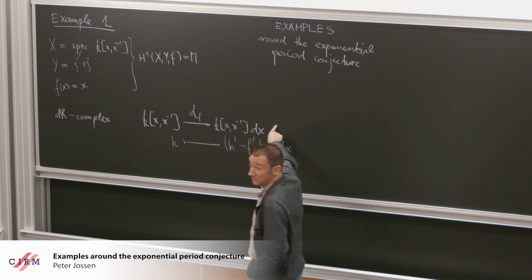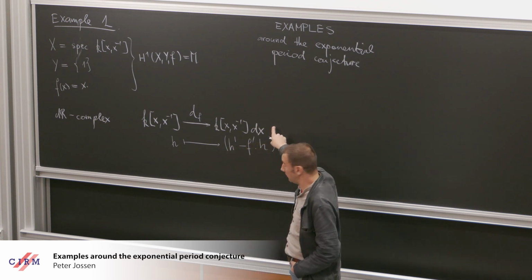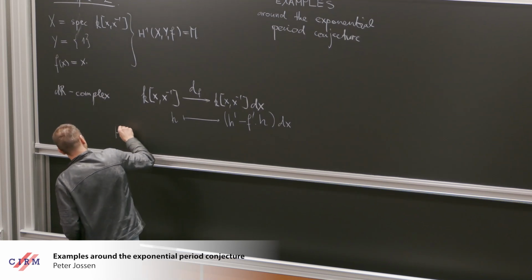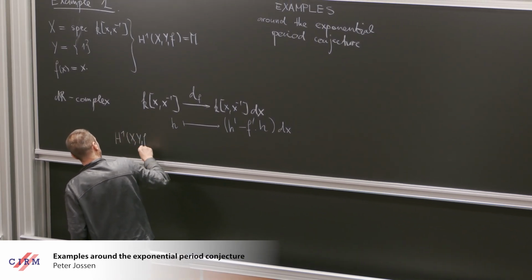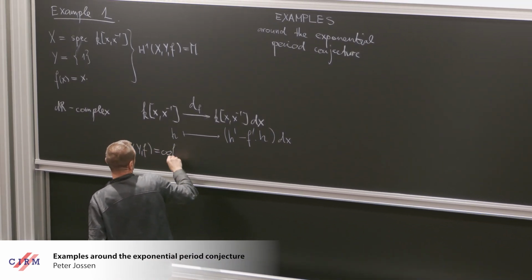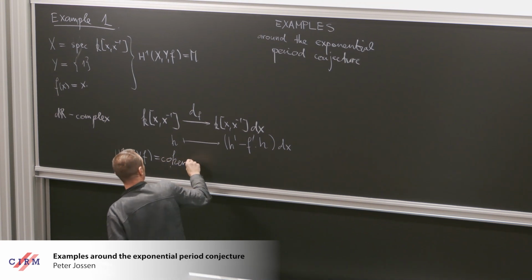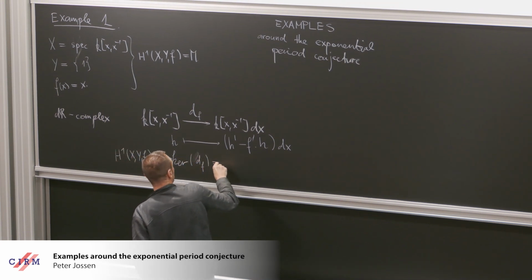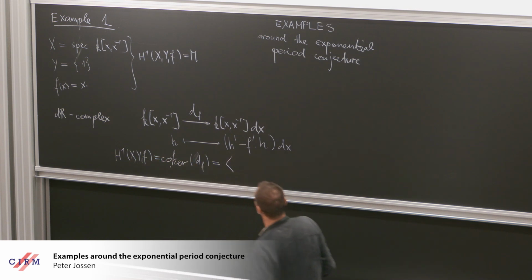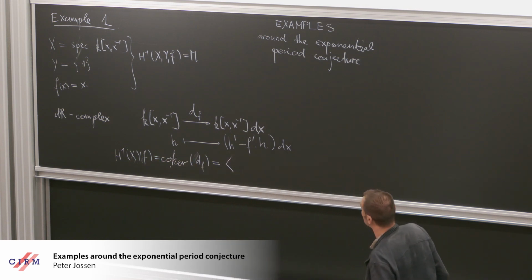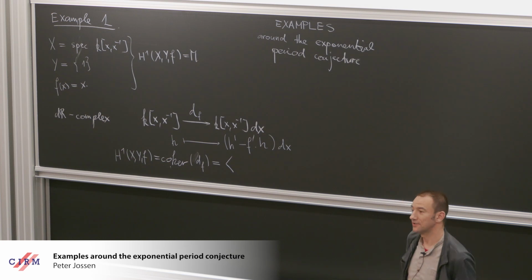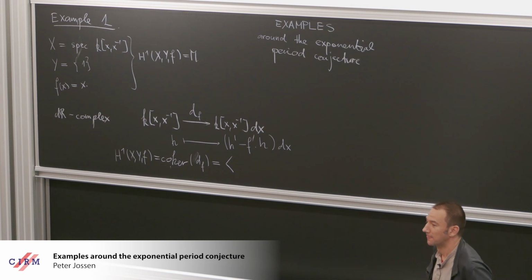The cohomology in degree 1 is just the cokernel of the differential.